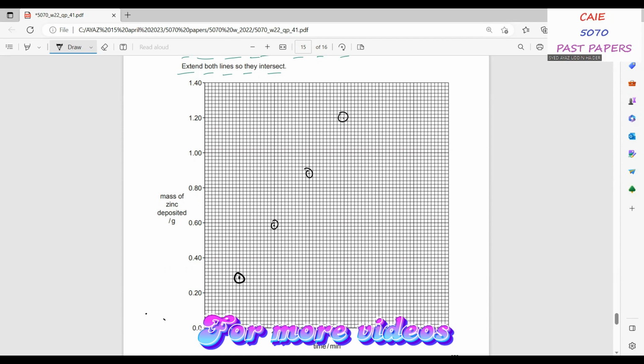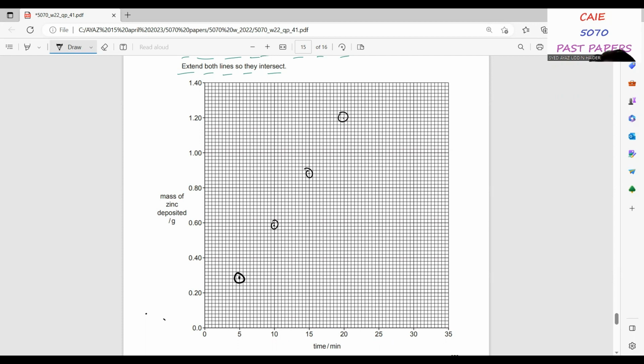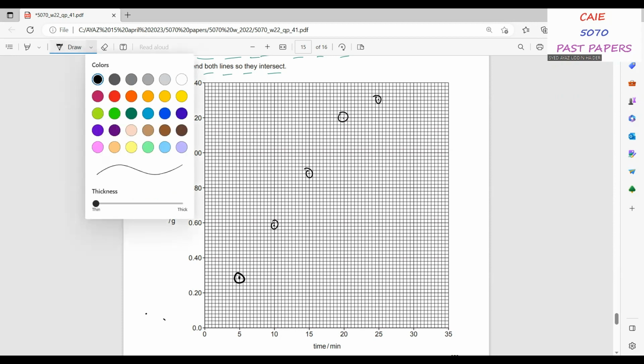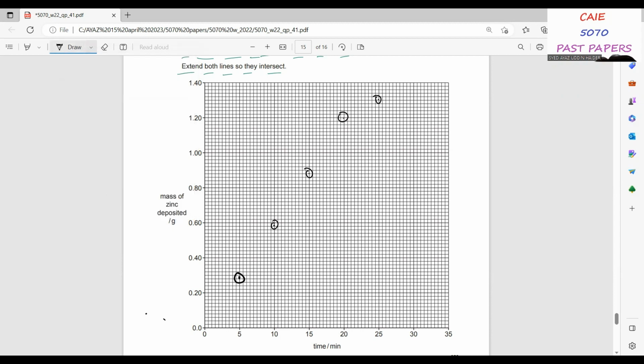And after 25 minutes, it becomes 1.3. So we have intersected lines.